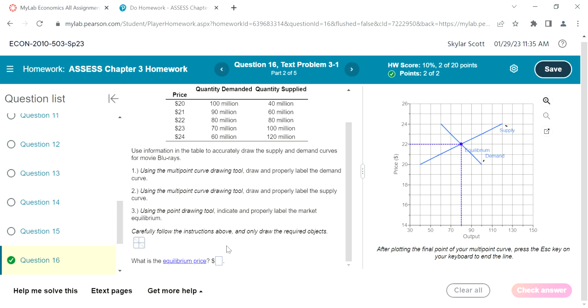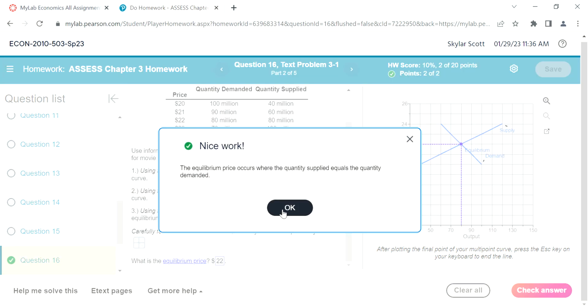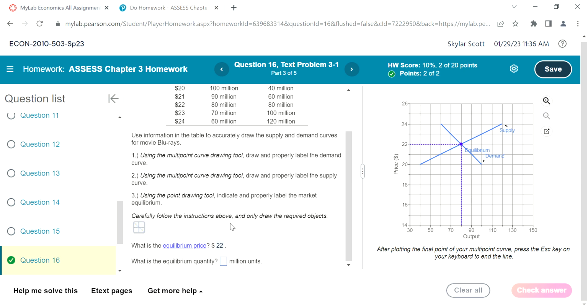It's then going to ask, what is the equilibrium price? Well, equilibrium is where quantity demanded is equal to quantity supplied, so it's going to be $22. Got that right. What is the equilibrium quantity? Well, it's going to be 80 million units, as we discussed earlier.